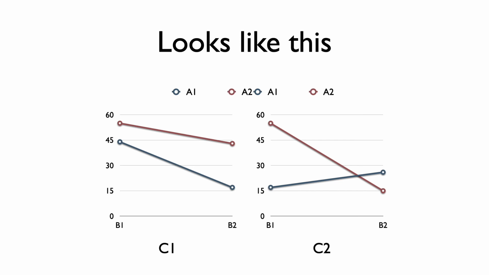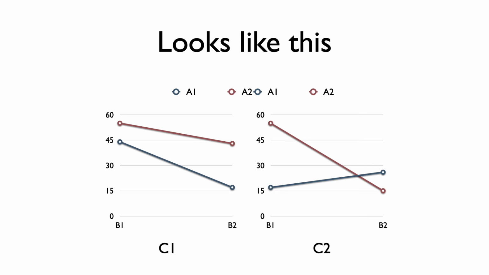Okay. Here's the picture. This is a three-way interaction. Let's ignore the panel on the right and just look at the one on the left. We've got an interaction here because the effect of A is bigger at B2 than it is at B1.